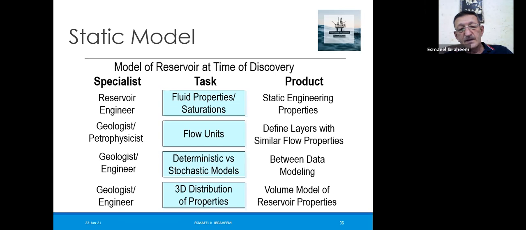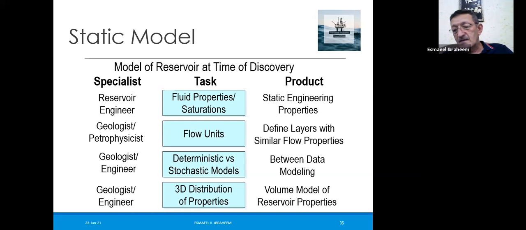For example, we have fluid properties and saturations. This is done by reservoir engineers, and the product is the static engineering properties. Geologists and petrophysicists do the flow units in order to define layers with similar flow properties. Geologists and engineers handle deterministic versus stochastic models.